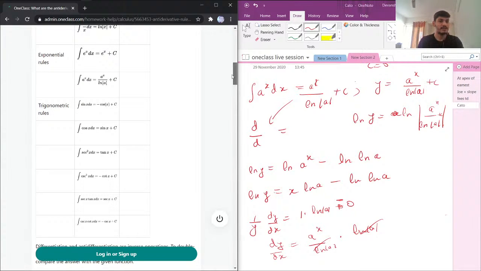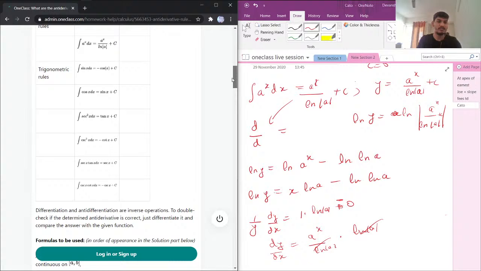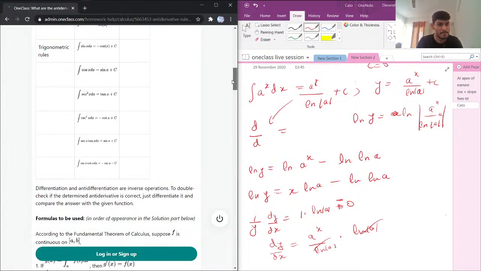So the integration of sine x dx is negative cosine of x. Basically the derivative of cosine of x is negative sine x. So for integration we just write the negative sign for cosine.